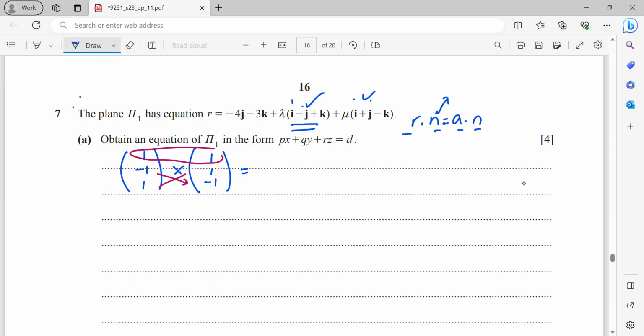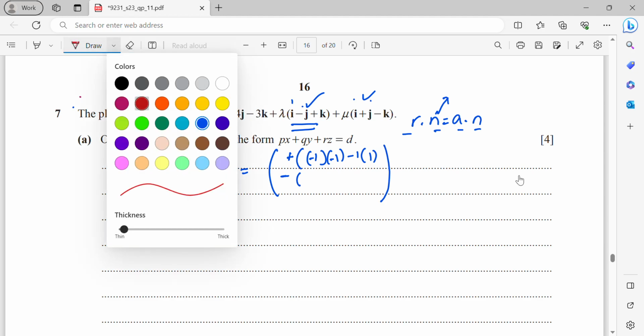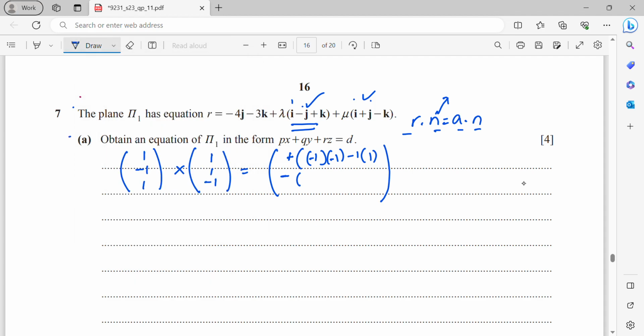Then it will be plus sign. So minus 1 times minus 1, minus 1 times 1. Okay, second, the sign is minus. Now you cover the second row and consider the rest, then you will get 1 times minus 1, minus 1 times 1.